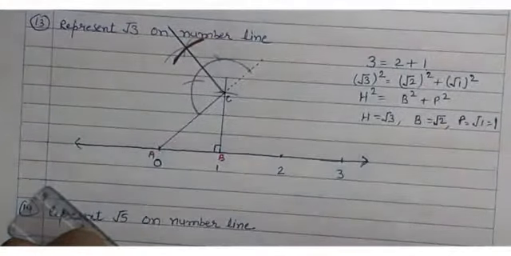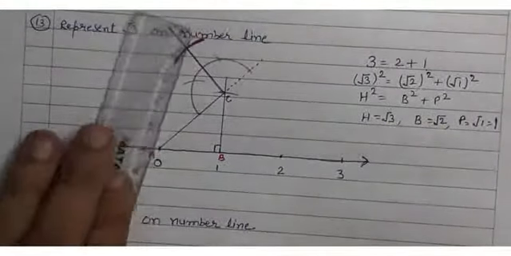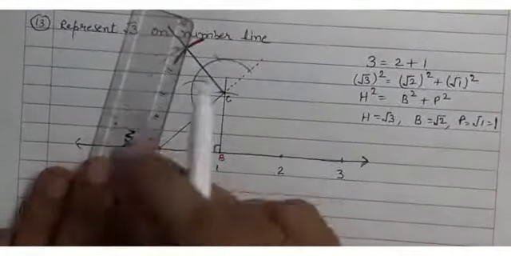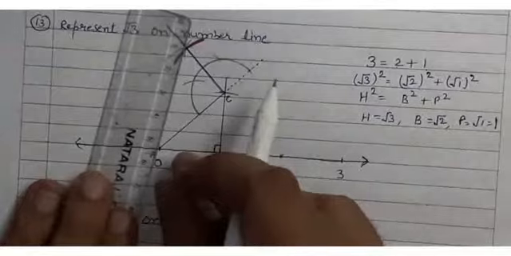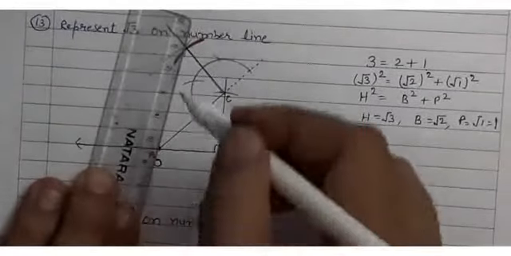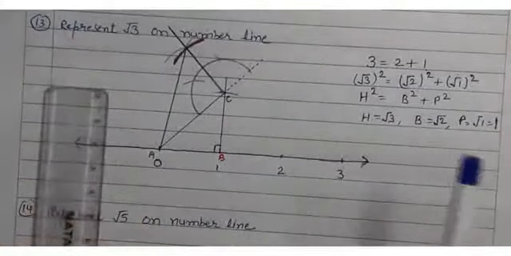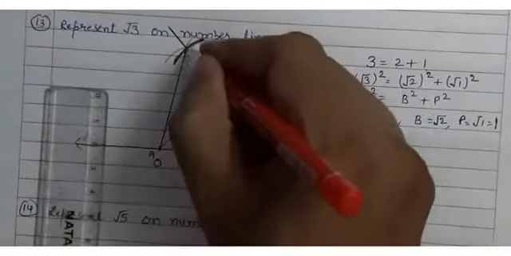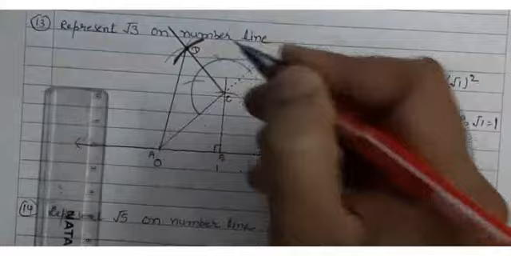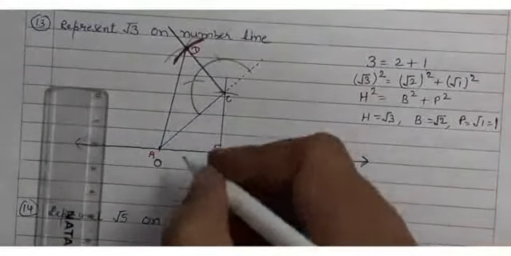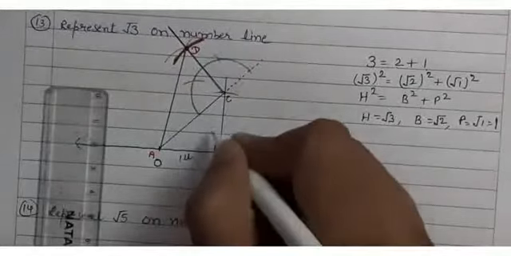Okay, this is the arc, and you join it again by joining like this. You have to join with O and make it this point D.